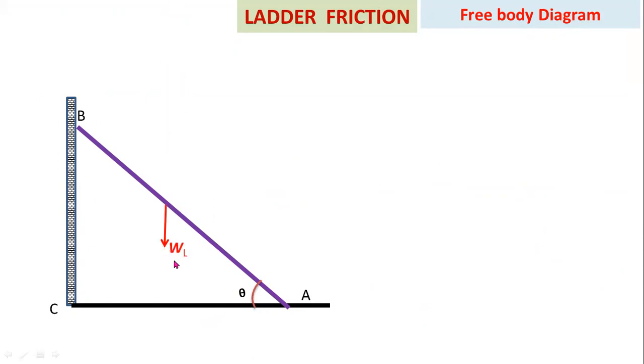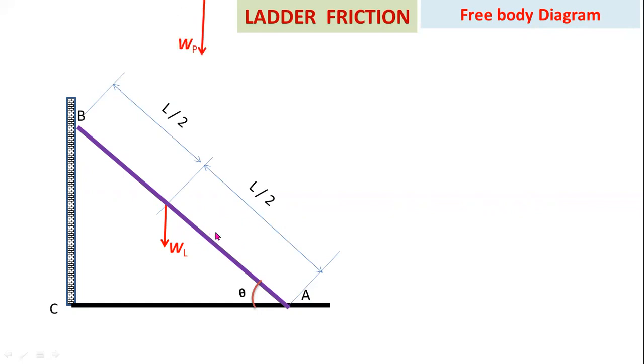Now WL is the self weight of the ladder. The self weight of a ladder always acts at the center of the ladder, so L by 2 and L by 2 is the distance from the bottom of the ladder and from the top of the ladder. The self weight of a ladder always locates at the centroid of the ladder.